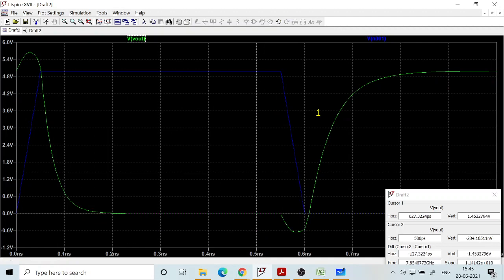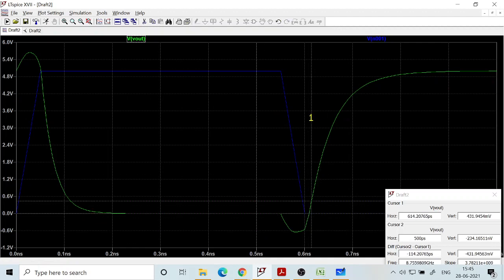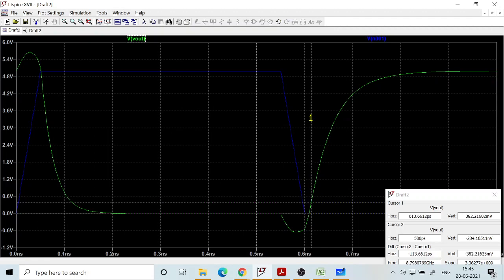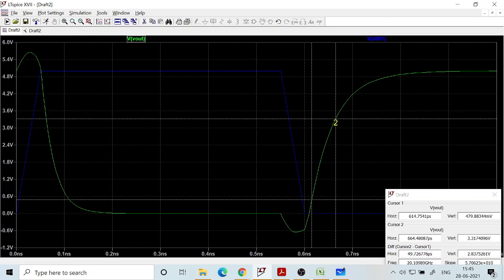So this one I will put for the second one I will put for 90%. 90% means 4.5 volt.